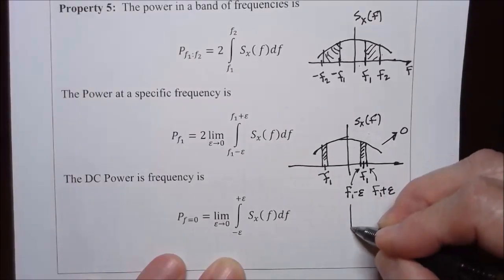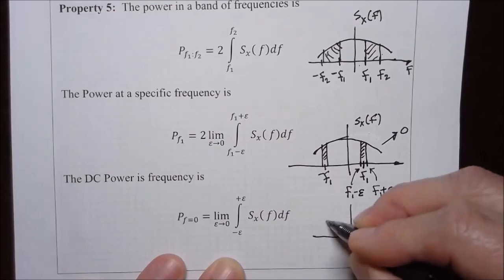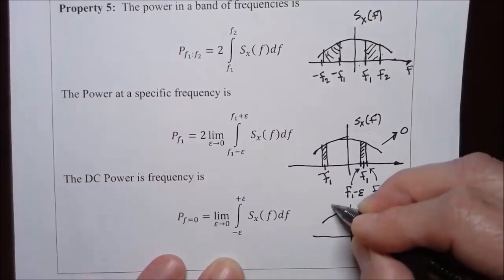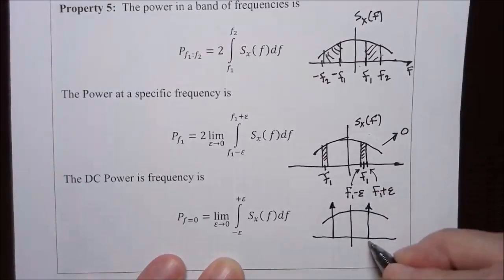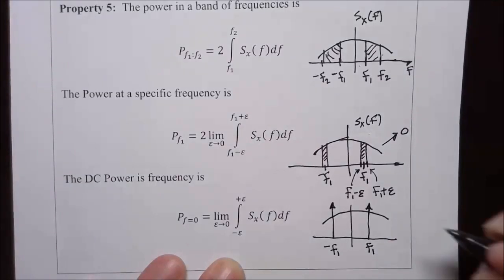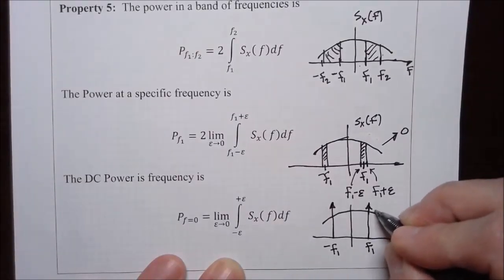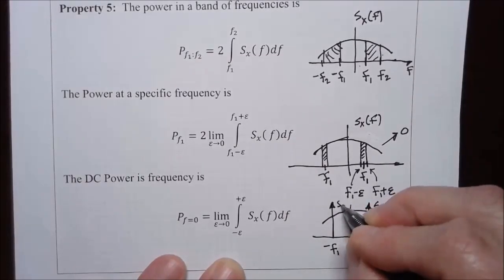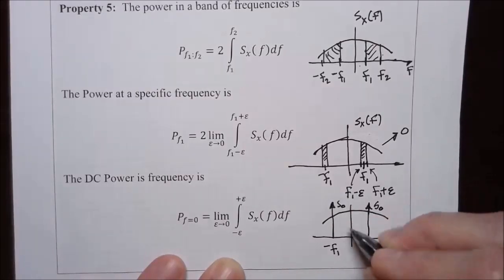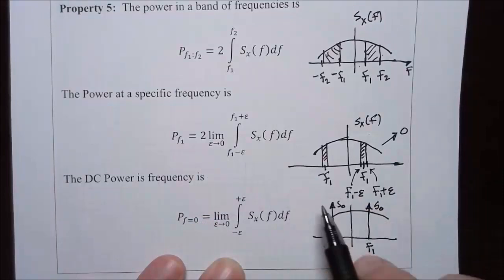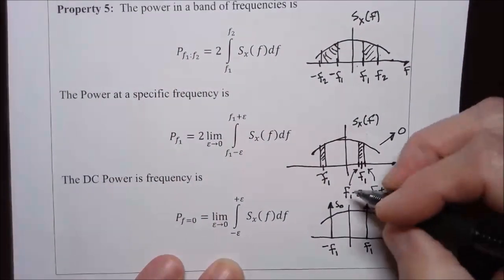But if, on the other hand, we have this kind of a situation where there are a pair of delta functions, let's say, precisely at F1 and minus F1, each with a weight I'm going to call S naught, and this is the power spectral density, and we want to find the power at this specific frequency.